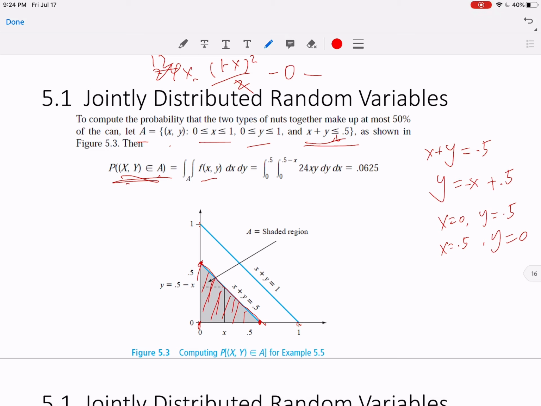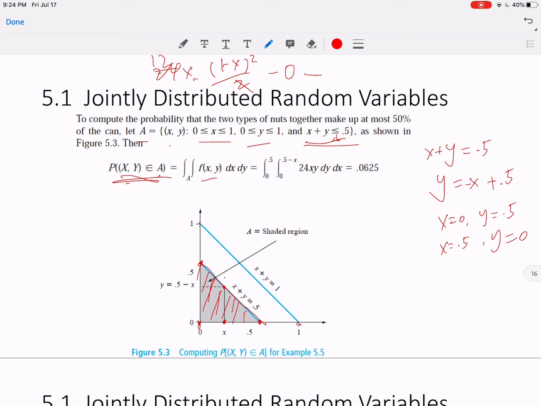So let's take a look at how to do that. Obviously, if we fix x, x could be any number between 0 and 0.5, right? And then the y value, for example, if x is here, y could be any number between this point and this point, right? Which means y cannot be higher than this one. If it is, it's going to be outside of the shaded region.